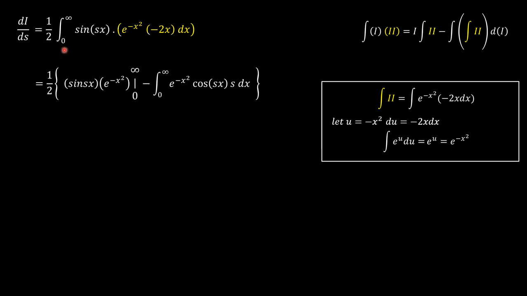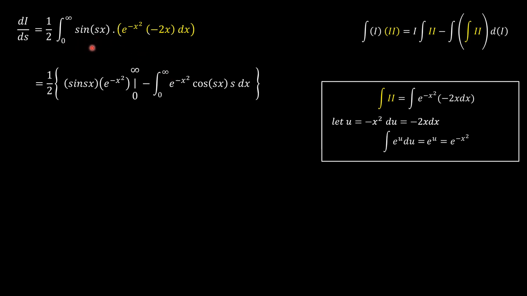Now applying integration by parts to the above integral, the equation reduces to the form 1/2 into first function, that is sin sx into integration of second function, which is nothing but e to the power minus x square, where the limits of x are varying from 0 to infinity, minus integration of the second function, that is e to the power minus x square into differentiation of the first function.